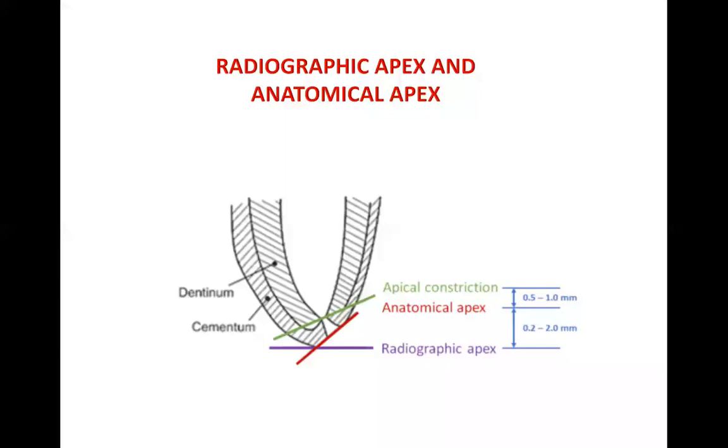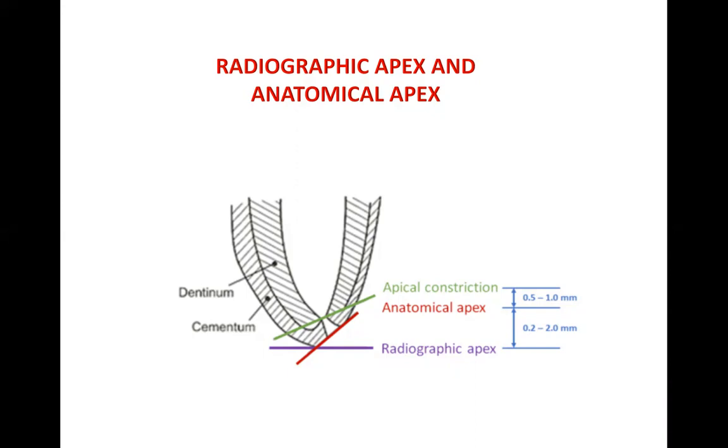Let's have some radiographic demonstrations of the lateral condensation method. Before that, we need to understand the difference between the radiographic apex, the anatomical apex, and the apical constriction. The radiographic apex is the last portion of the root apex visible on the radiograph. The apical constriction is exactly at the dentino-cemental junction.